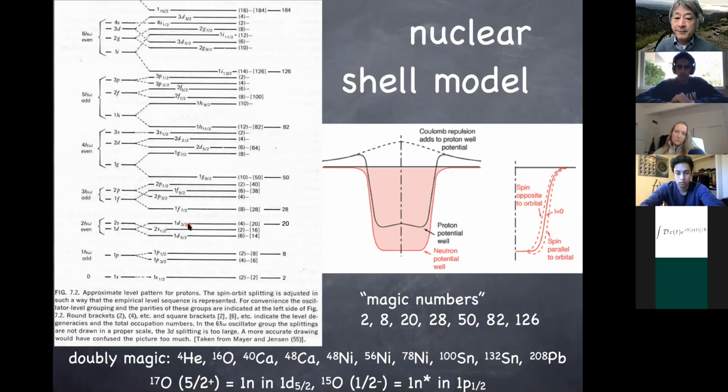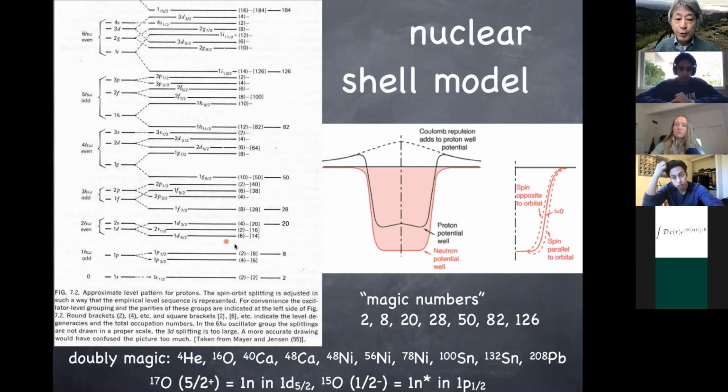And this is the opposite from the case of the spin-orbit coupling in the atoms. In nucleus, spin-orbit coupling prefers larger j compared to smaller j. So d 5/2 would go down, d 3/2 would go up. As a result, they're split. And the 2s state, which uniquely points to j equal 1/2, would sit somewhere in between. So that's the way all of these states would end up splitting like this.